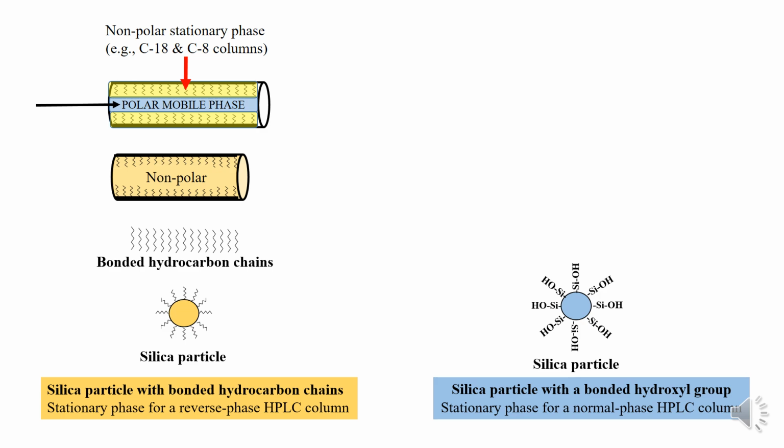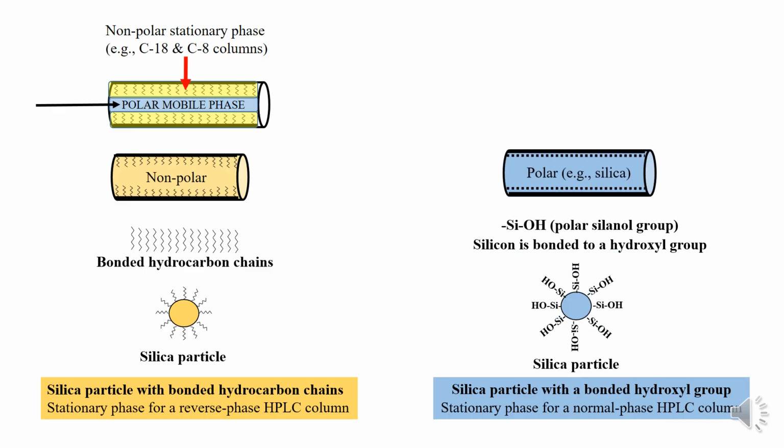Now the polarity of the stationary phase in case of normal phase HPLC is because of this polar silanol group with a polar hydroxy group. So in case of polar silanol groups, you find that silanol is bonded to a hydroxyl group, and the polarity is because of the hydroxy group, that is highly polar in nature.